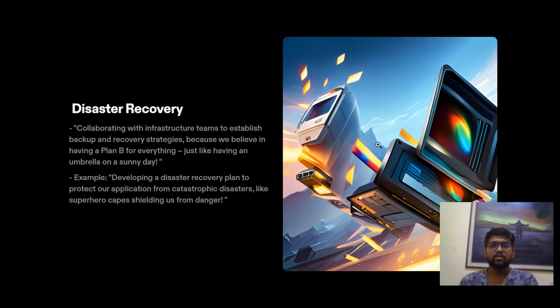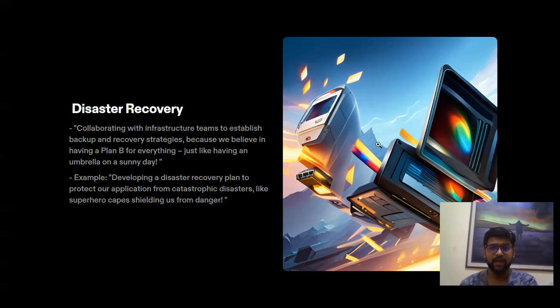Disaster recovery: collaborating with the infrastructure teams to establish backup and recovery strategies. This is very important. Disaster recovery means that if any disaster happens, if any system crashes, the backup server has to be available.